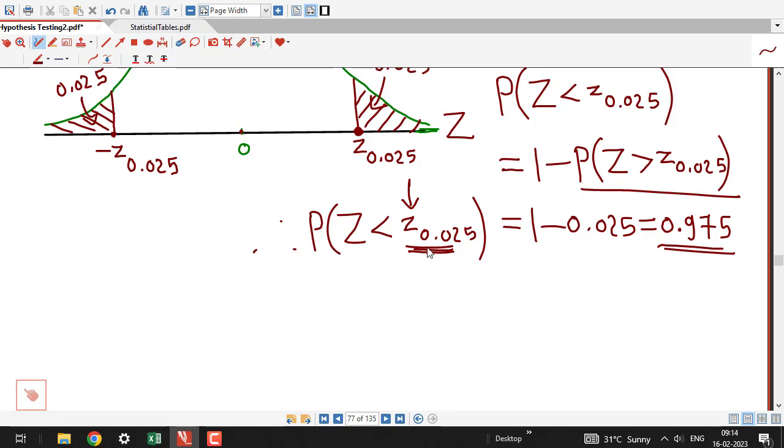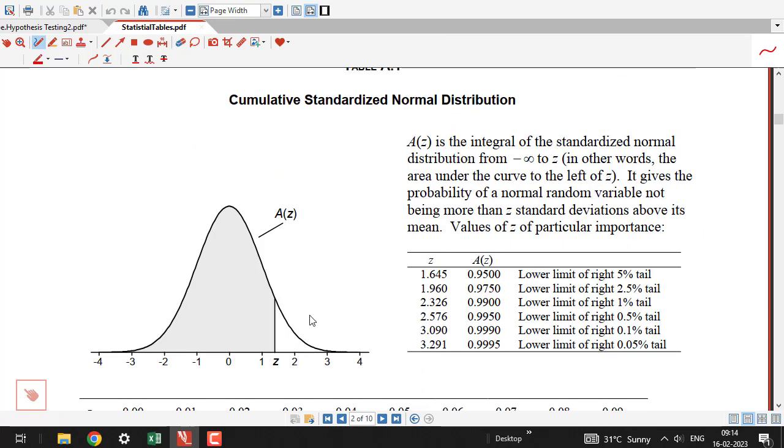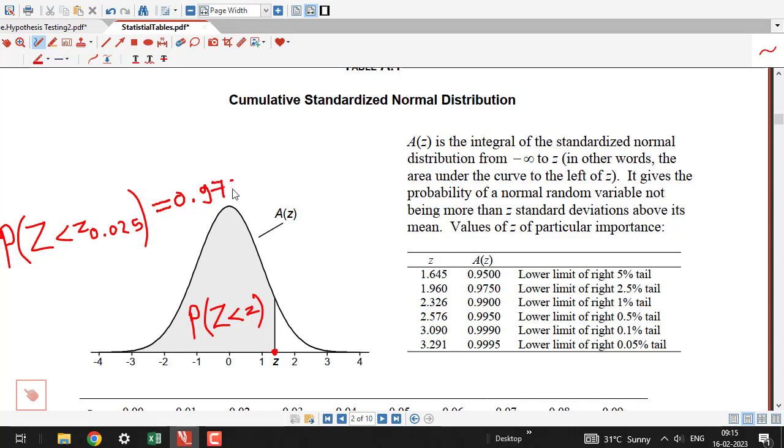To find this critical value, I have to look in the cumulative standard normal table and search for 0.975. So let's use that cumulative standard normal table. Here we have the cumulative standard normal table. This area is the probability that capital Z is smaller than this z, and we have to search for this point z suffix 0.025 such that the area is 0.975.